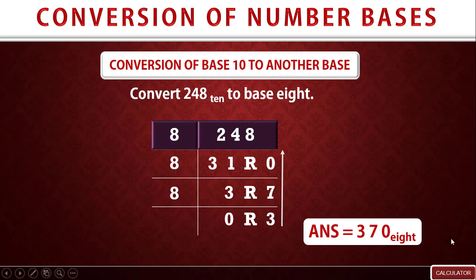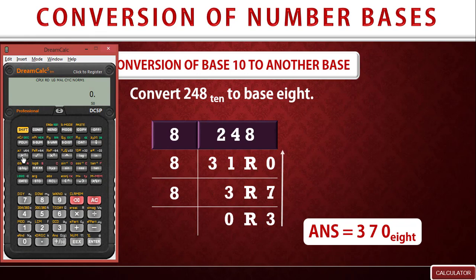You can cross-check your work using your calculator. Base 8 is oct on the calculator, and base 10 is dec on your calculator. Let me show you how to do that. The first thing you're going to do is to convert your calculator to number base.